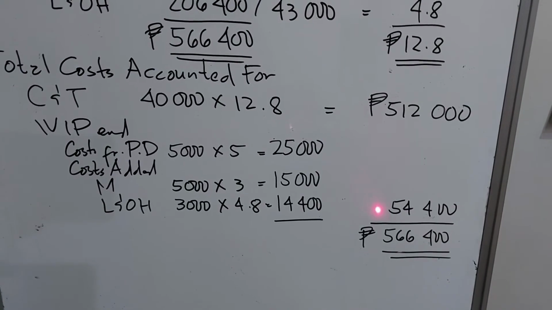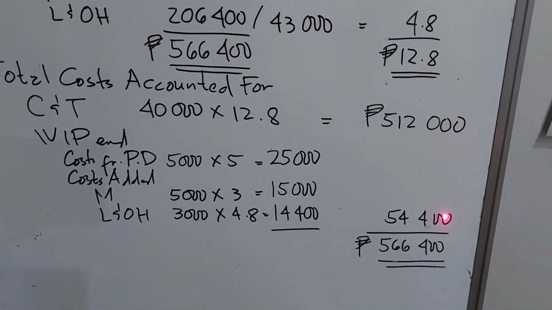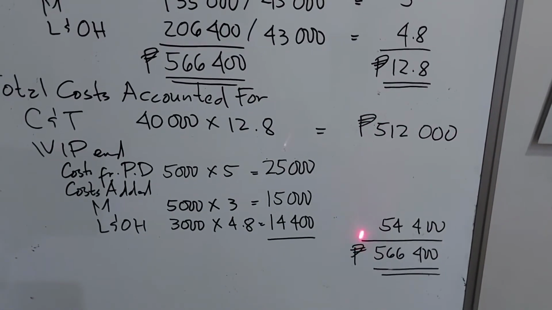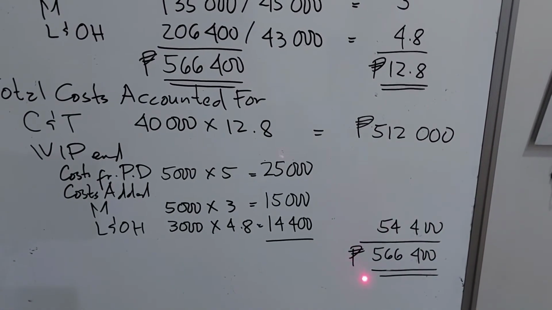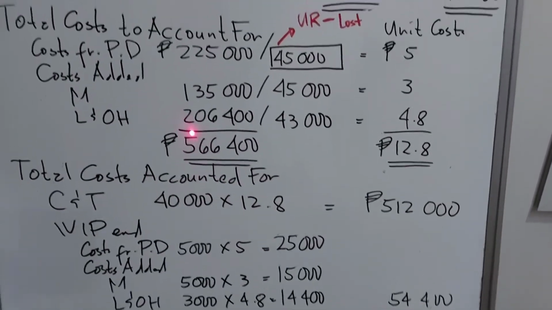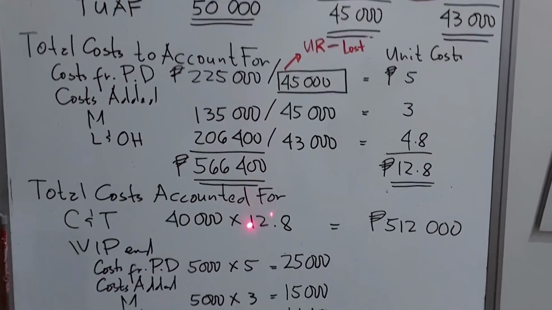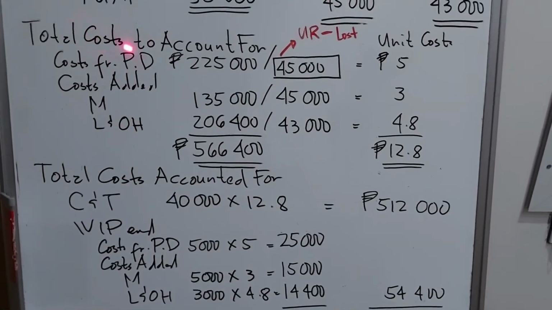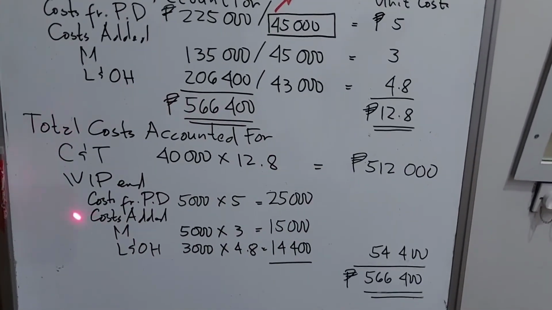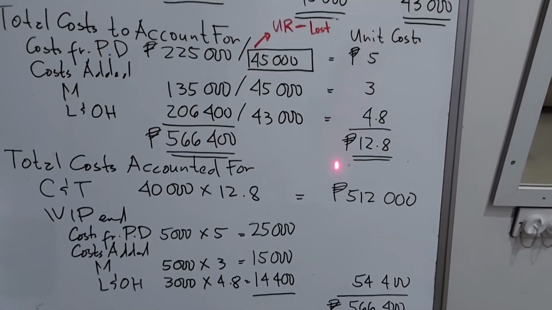Yan ang cost of work in process ending. Plus completed and transferred cost, ang total nila 566,400, yun yung total cost accounted for. Balance sila ng total cost to account for. Pagdating dito, wala namang pinagkaiba sa mga dati nating ginagawa, units times lang yung unit cost.